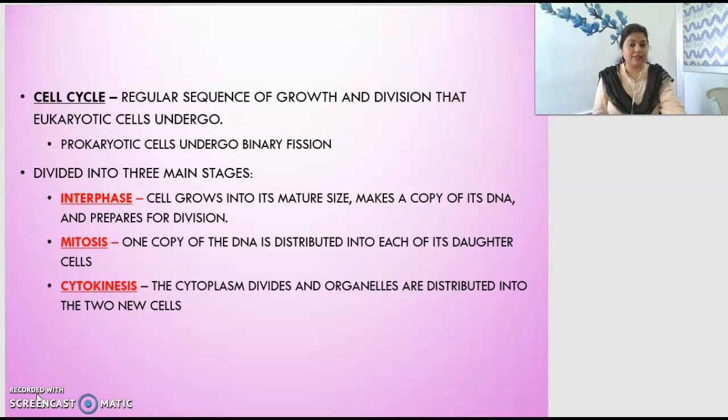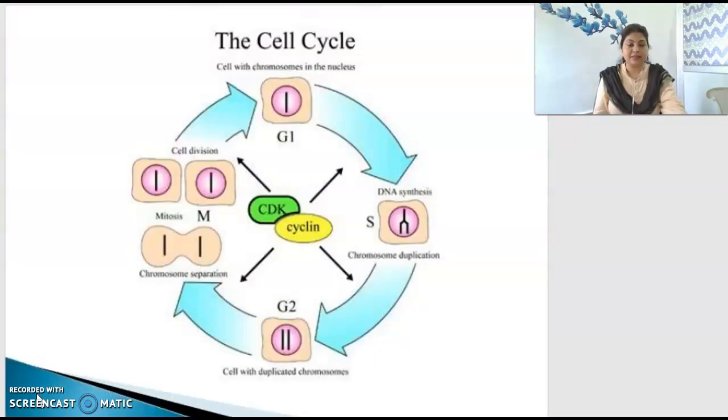In interphase, the cell grows to its mature size, makes a copy of its DNA, and prepares for division. In mitosis, one copy of this DNA is distributed into the daughter cell. In cytokinesis, the cytoplasm divides and cellular organelles are distributed into the two cells, forming two cells or four cells from the parent cell. This is the cell cycle where all the sequences of cell division take place.